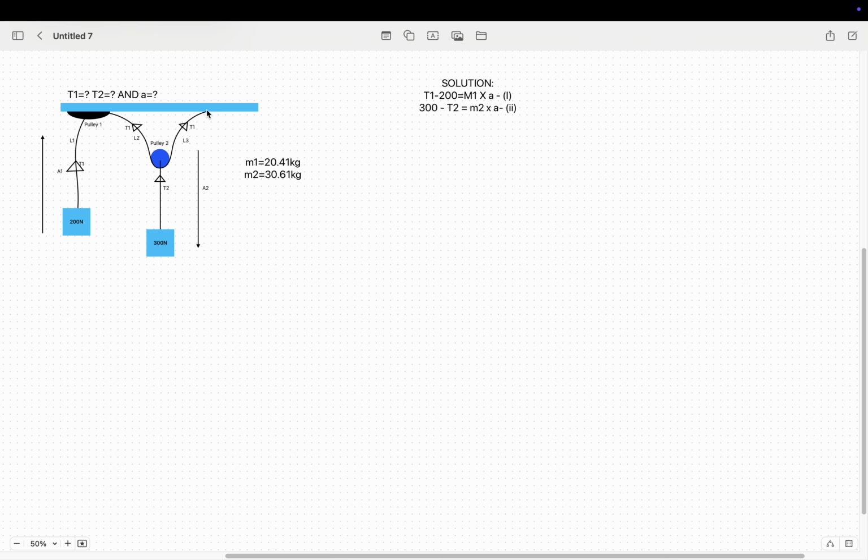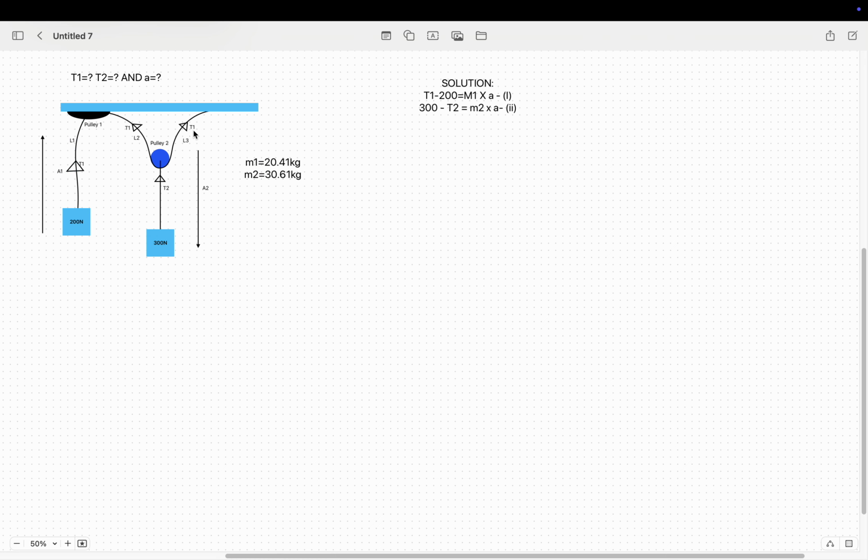Here, if you can see, in this part, my highlighted part, the length of the common rope and in this part the length of the common rope are different, right?